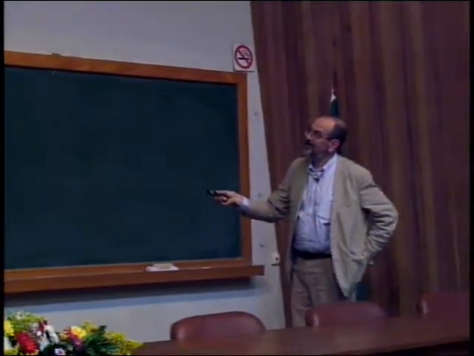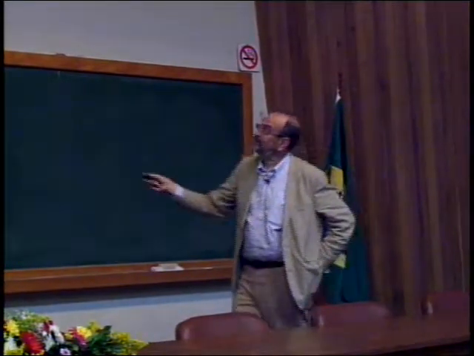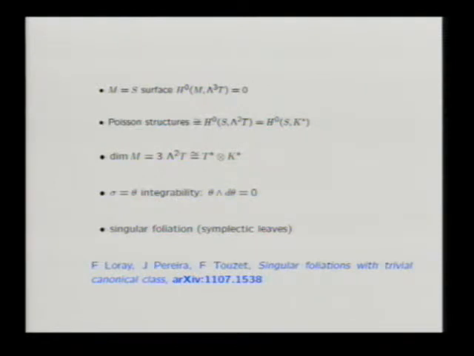So if you want to look at examples of this, look at this paper. Okay, so that's the situation in 2 and 3 dimensions. But of course, the Hilbert schemes start in 4 dimensions, so they're 2n dimensional.